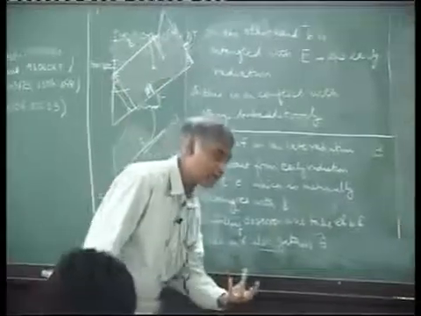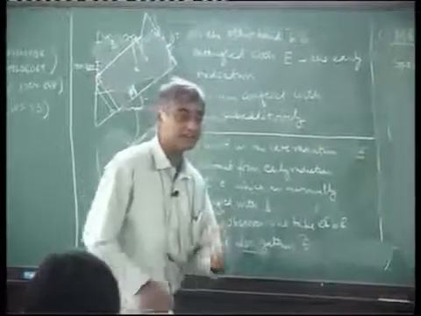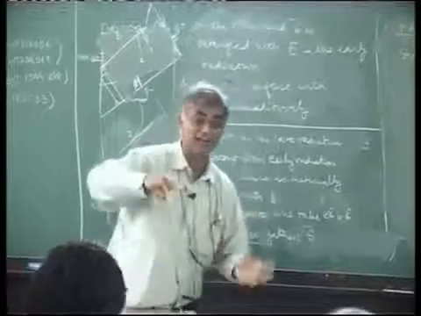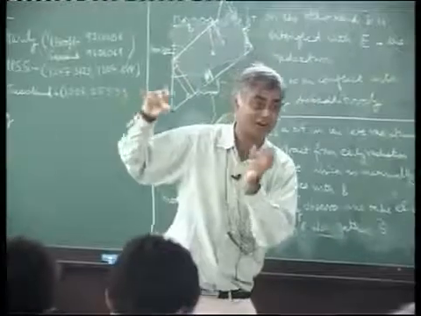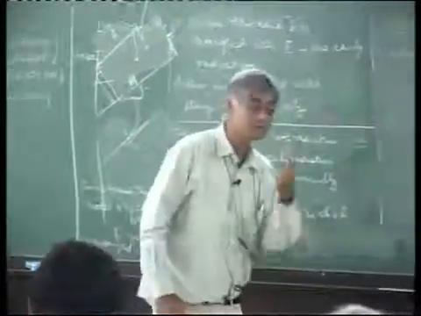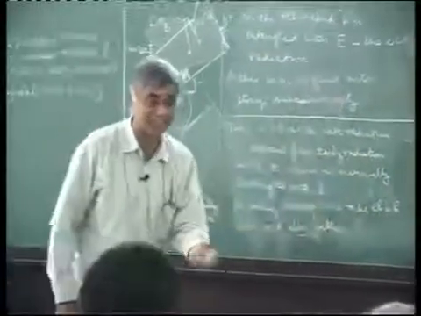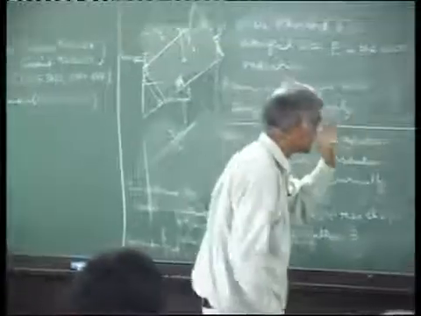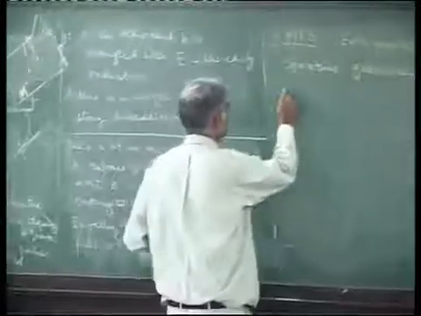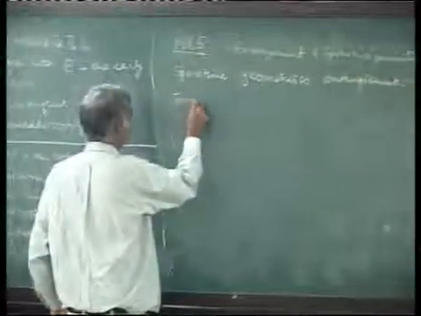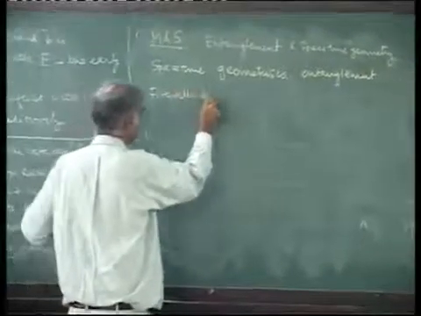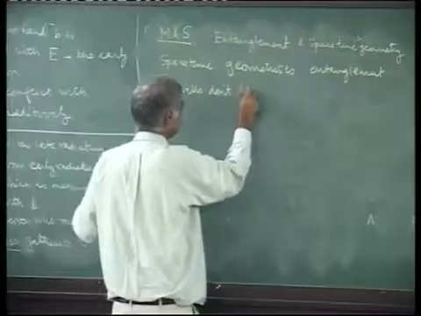And how can you get a firewall if AMPS, etc., argued that you're not allowed to do that because of locality, because you can do the experiment very far away, and so on. They show how you can do that and what are the violations of locality responsible for that. So that's very interesting. So the bottom line is firewalls don't have to form. The horizon can be a smooth place.